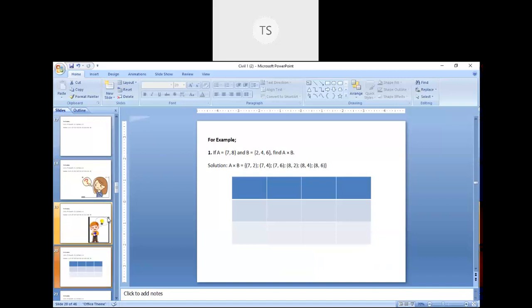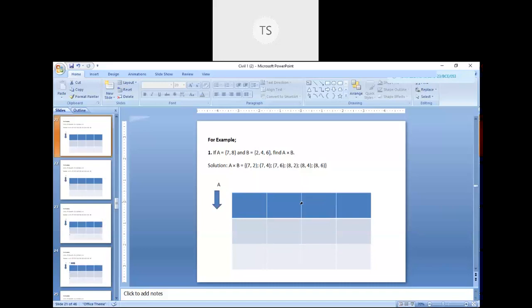Now see, here I have set A equal to 7, 8 and set B is 2, 4 and 6. Now I will write the ordered pairs with the help of a table. In this table, vertically I will write the elements of set A, that is 7 and 8, and horizontally the elements of B, 2, 4 and 6.